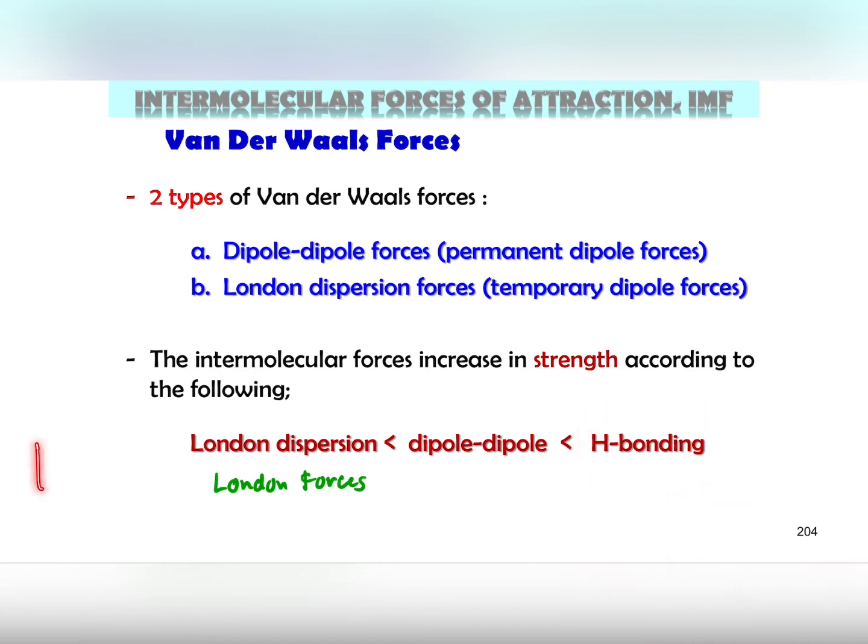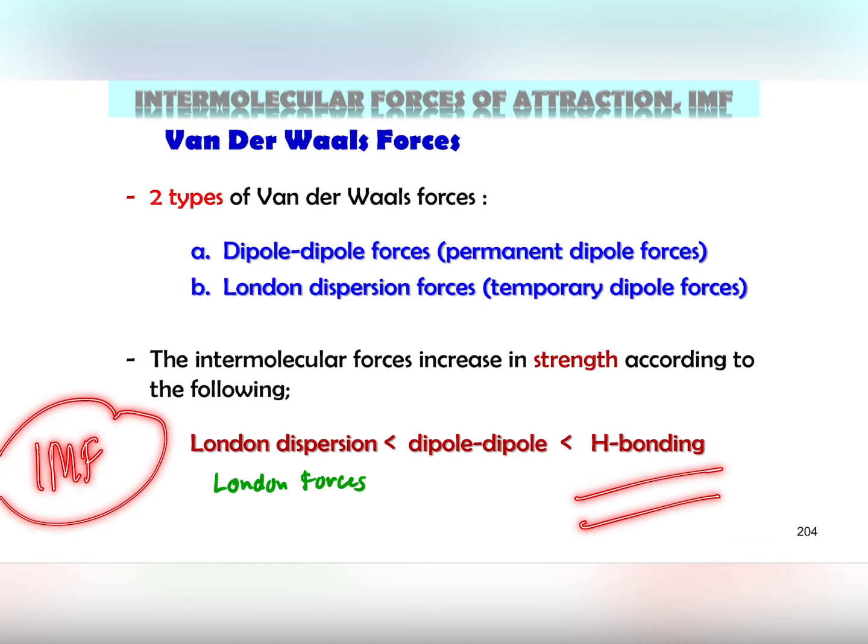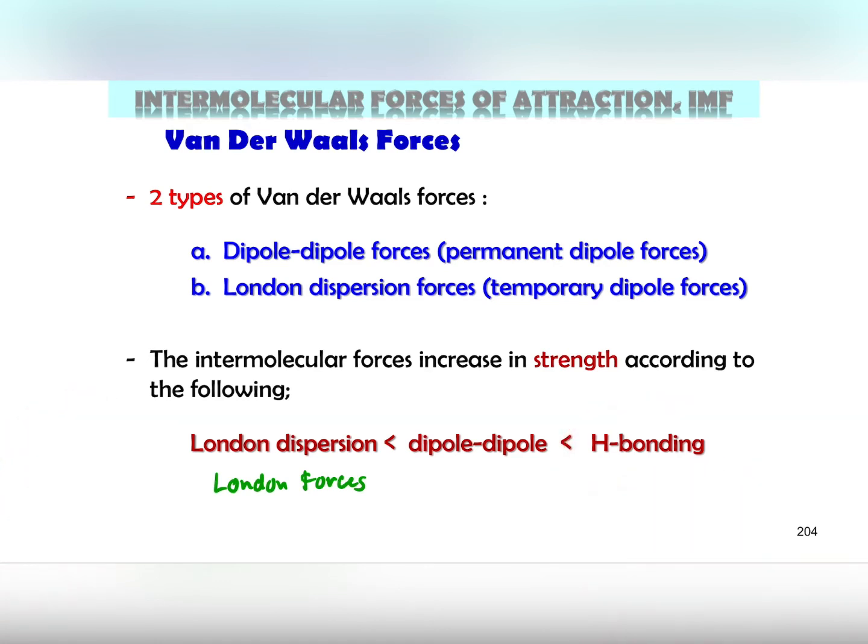So kita comparekan tiga-tiga ni, the strongest is always hydrogen bonding, followed by dipole-dipole. Dipole-dipole sebab dia ada permanent dipole, it is fixed. Kalau London dispersion forces pula dia bersifat temporary, sementara. So that is why it is the weakest IMF.